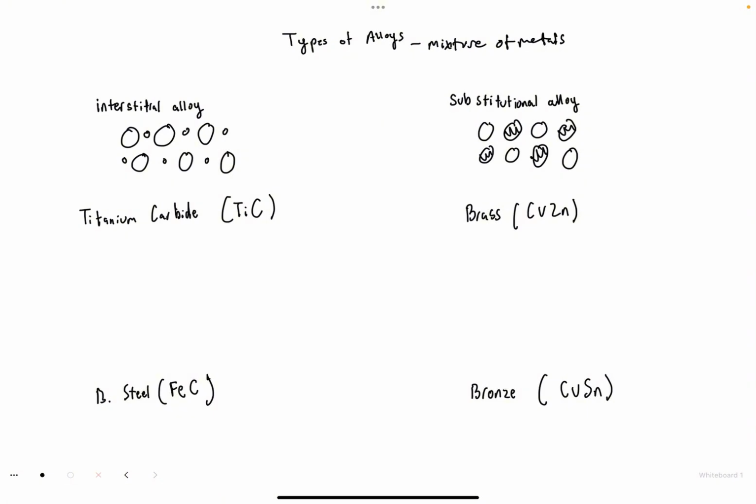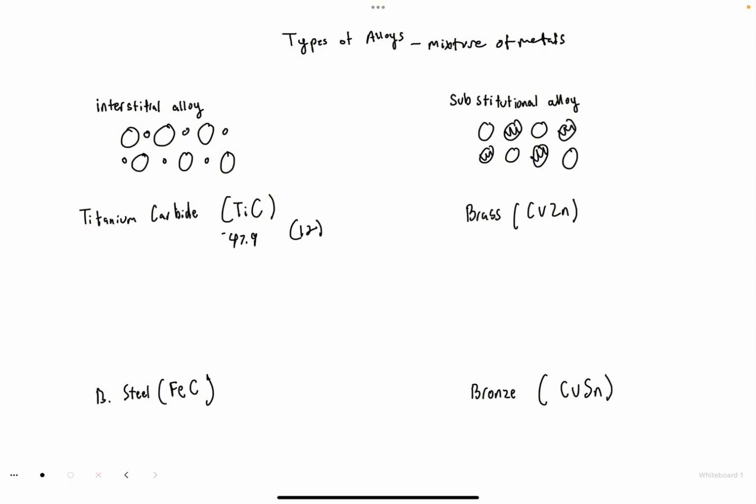And so the way you can identify if something is an interstitial or substitutional alloy is based upon the molar masses of these components. So the molar mass of titanium is going to be around 47.9, and carbon is around 12.